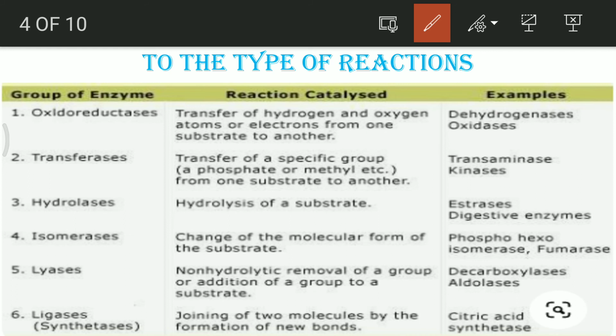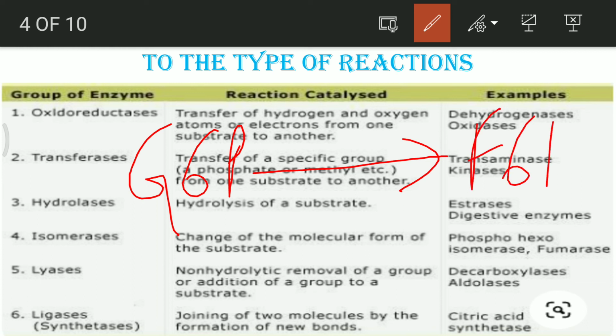Next is isomerase. In the isomerases, we see the change of a substrate into a related isomeric form by rearrangement of the molecule. For example, it takes place in the phosphohexoisomerase, which changes glucose 6 phosphate to fructose 6 phosphate in glycolysis. This is a very simple reaction. Glucose 6 phosphate is converted to fructose 6 phosphate. Here only the conformational change is there, because 6 carbon atoms are present in glucose as well as fructose.